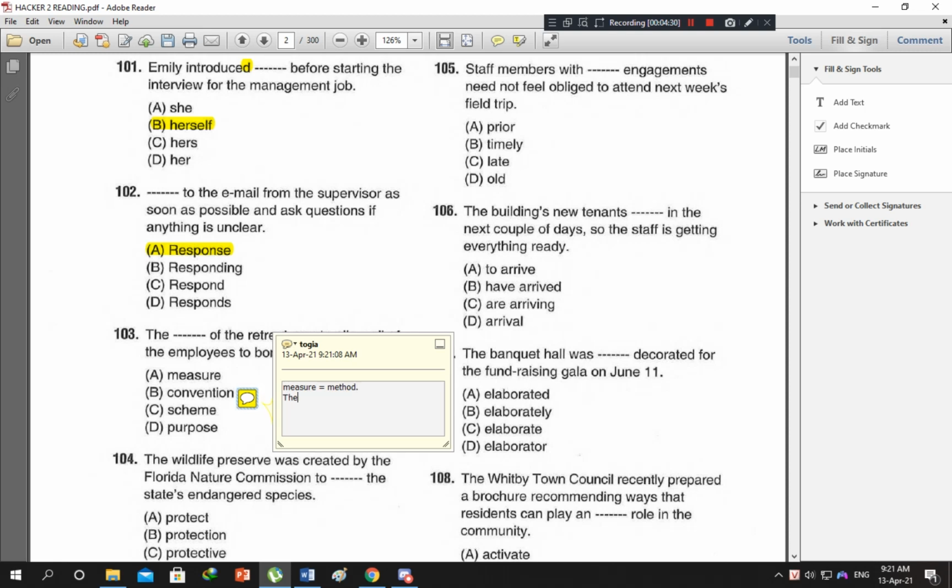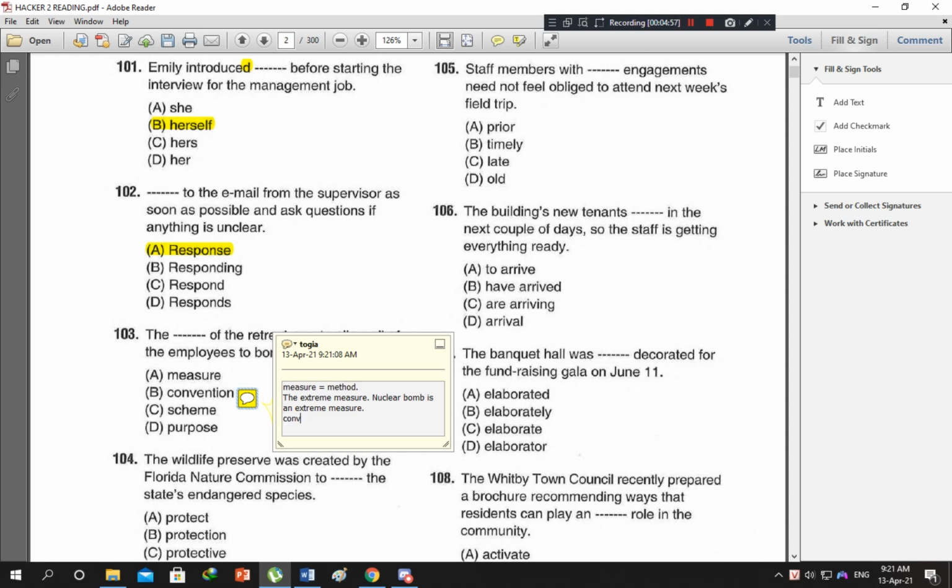For example, in English we have the phrase extreme measure. Extreme measure is like when the president of North Korea, Kim Jong-un, used a nuclear bomb. A nuclear bomb is an extreme measure. It's so bad, it's too much, so we say extreme measure.